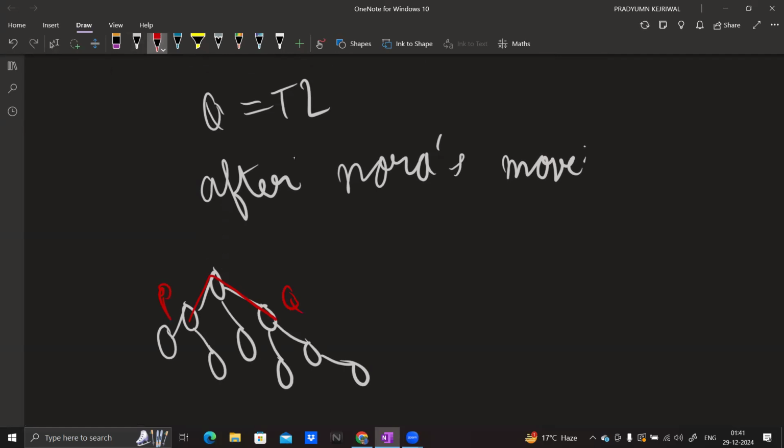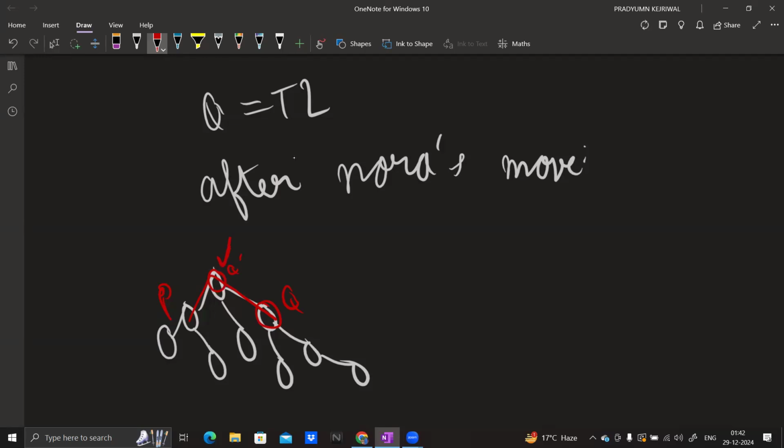So after Nora's move, definitely can I say that since this is Q, the next node in that path, that is this node, will become Q after Nora's move. When Nora does a move, definitely this node will become Q, right?